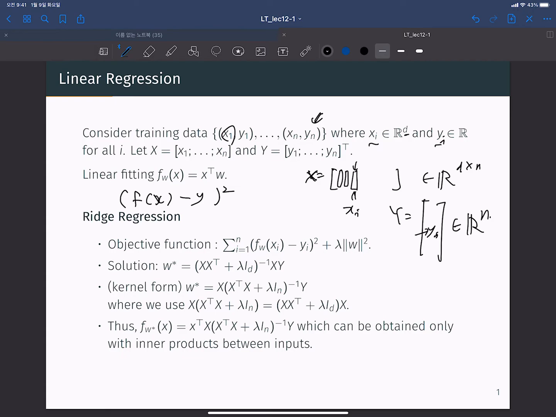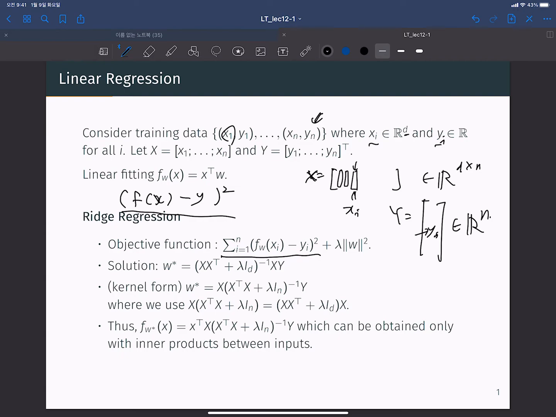Also, as the absolute value of f(x) minus y increases, this loss function also increases. So from this we can define this objective function, the sum from i=1 to n of (f_w(xi) minus yi) squared. That is a very nice objective function.